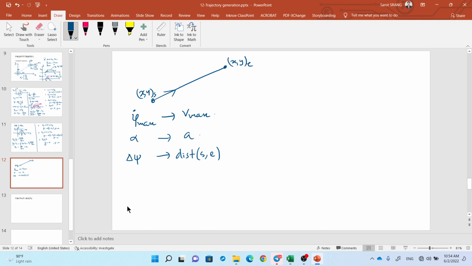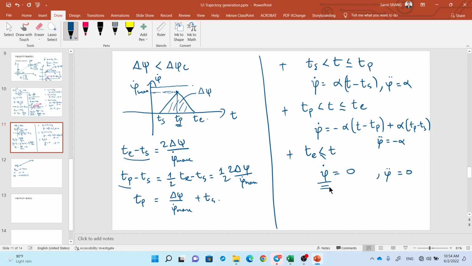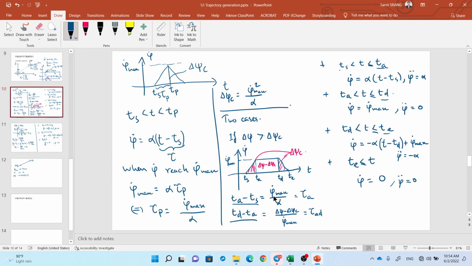Even for this case, how do you define the direction? Because it seems that we only use the positive side. For example, the rotation in this direction is positive. What if delta psi is negative? Then you have negative time or something inside here. So be careful. We did not discuss this.